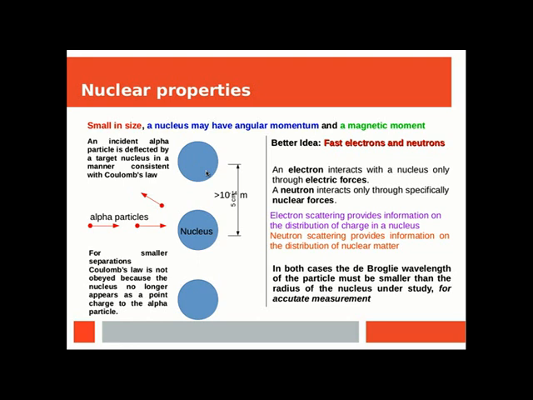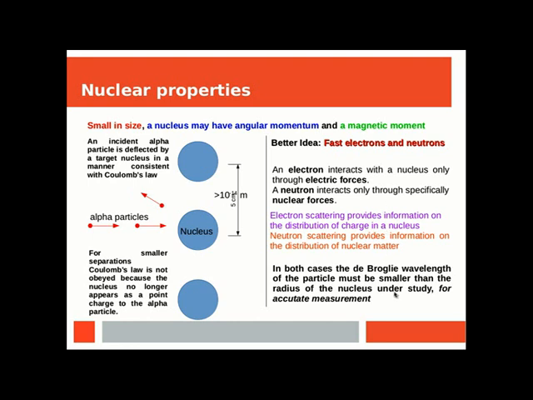If the distance between two nuclei is less than that, Coulomb law does not hold good because the nucleus cannot be considered as a point charge. So in that case, this method of alpha particle scattering fails. So we need a better method for that. A better method can be the usage of electrons and neutrons.